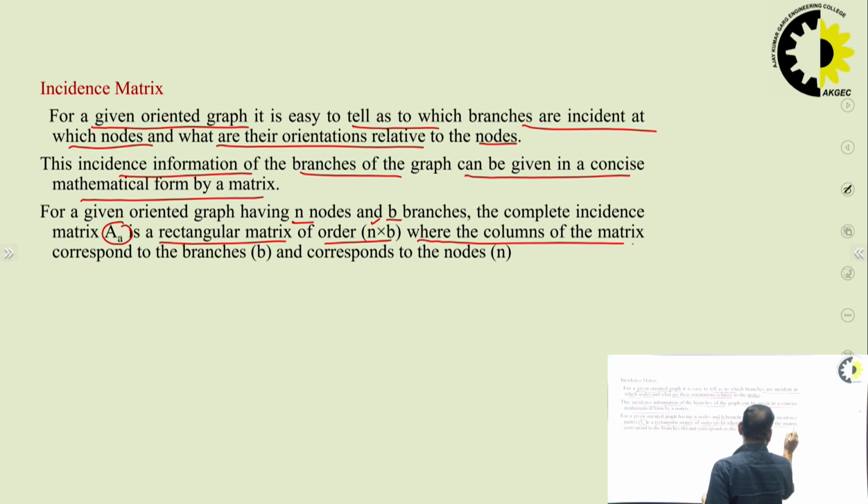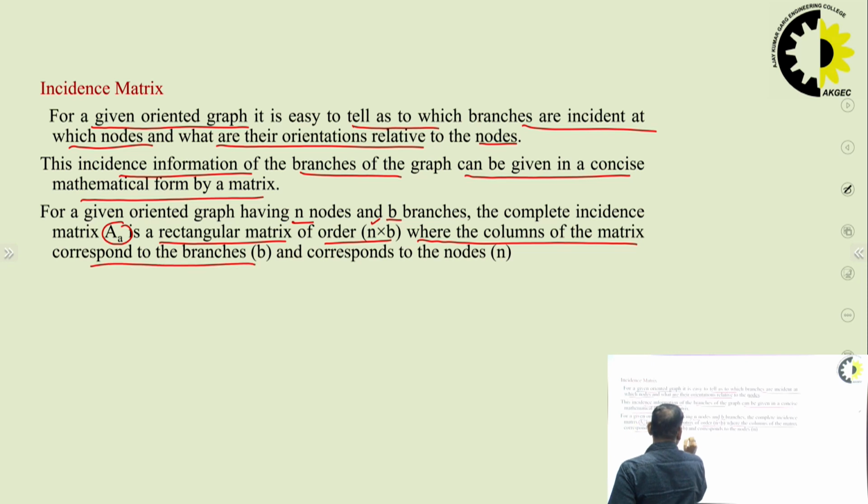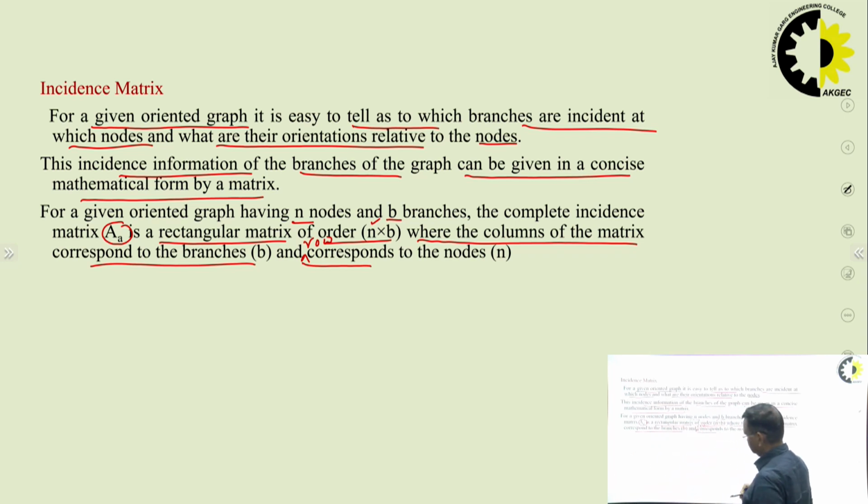The columns of the matrix correspond to the branches and the rows correspond to the nodes. So if there are n nodes and B branches, the matrix will have n rows and B columns. Simple: the transformation from the oriented graph into a mathematical form, where nodes become rows and branches become columns.